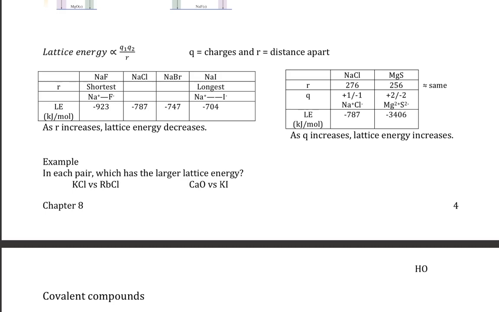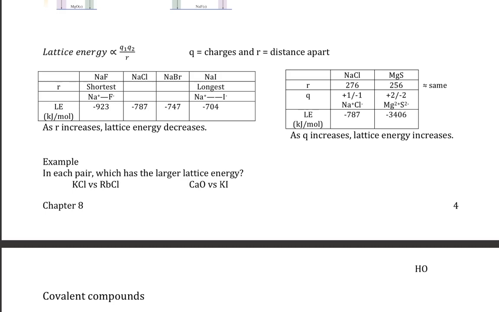So the lattice energy, Le, that's the one that has cation and anion coming together. That is proportional to Q1 times Q2 divided by R. The Q are the charges of the cation and the anion, like +1, -1, and the R is the distance the ions are apart.